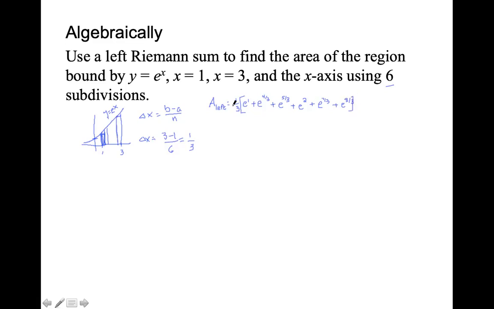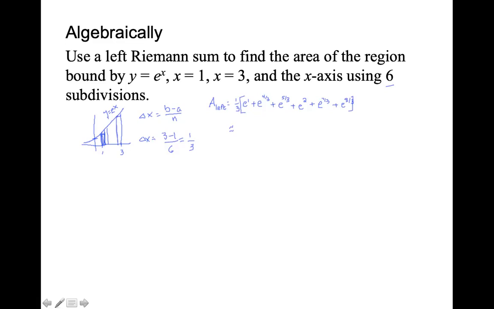And so if you want to, you can type those into your calculator and get your approximation for this. I don't think I did this one, so let's go ahead and check. So I'm going to type that in, and just don't forget that you're going to be dividing your answer by 3.